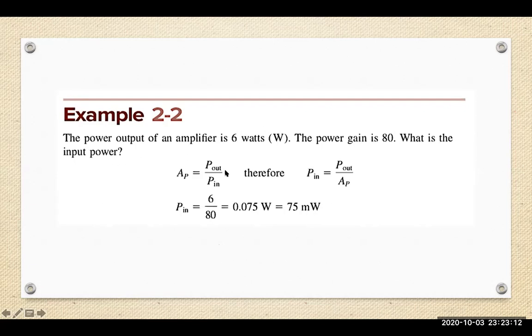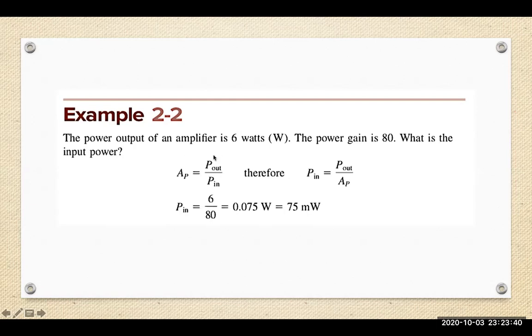In the previous slide, the gain is the output voltage over the input voltage, so that's actually voltage gain. Now we're talking about power, so the involved ratio here is the powers: power output over power input is the power gain.